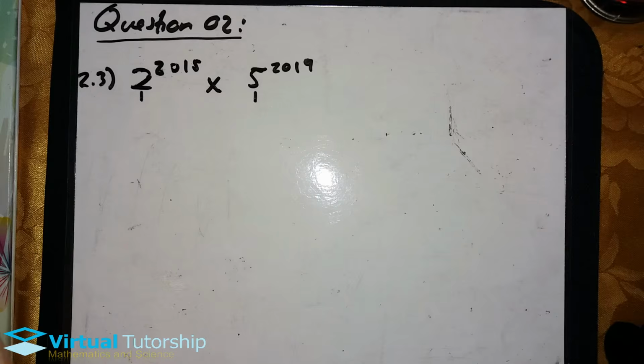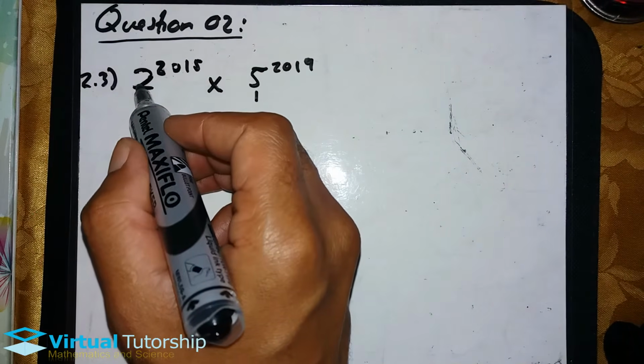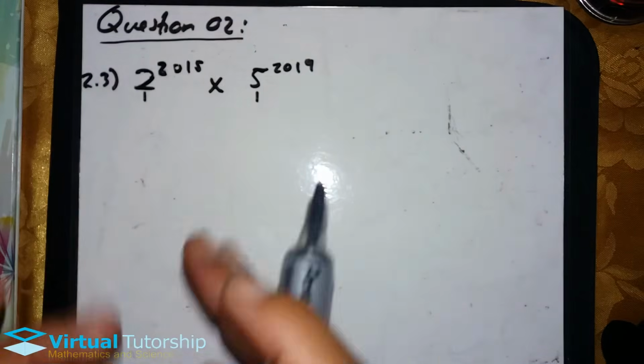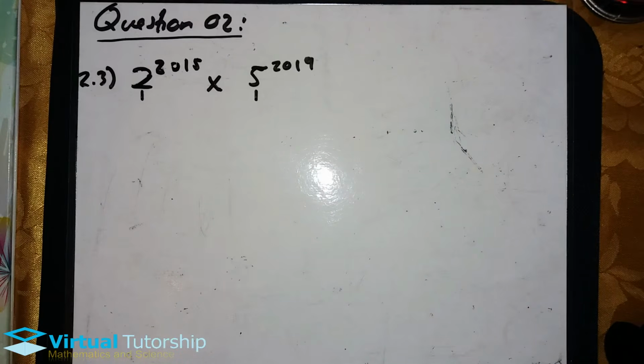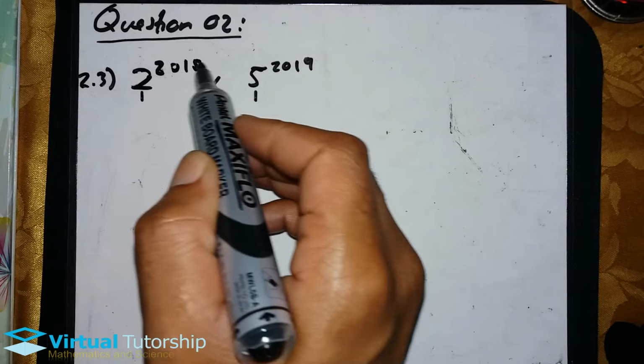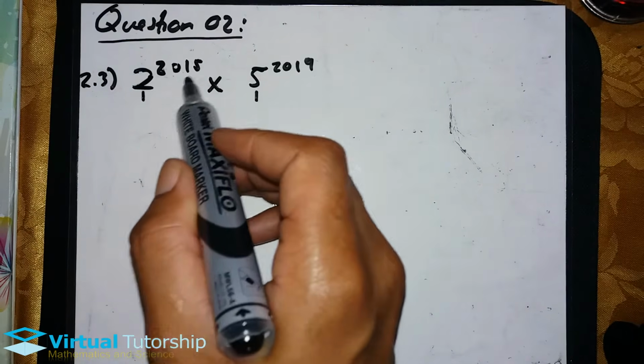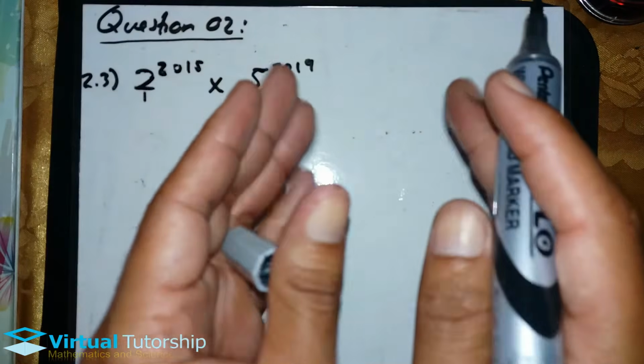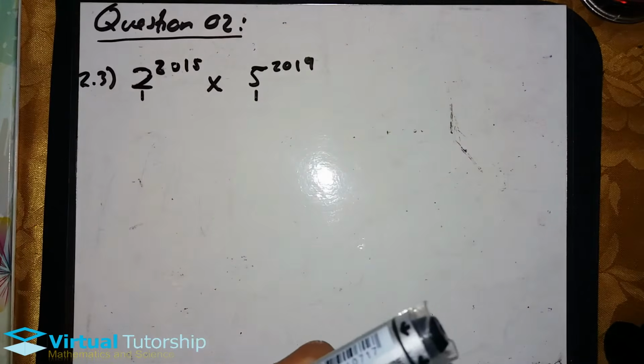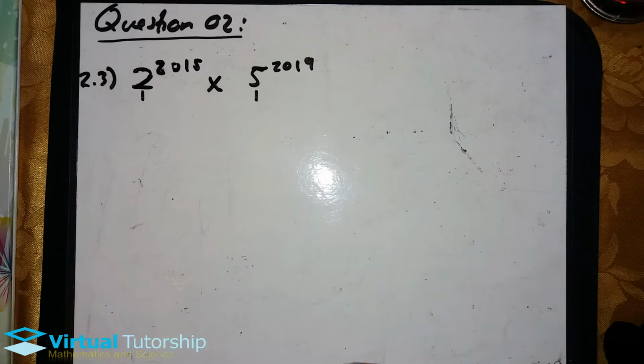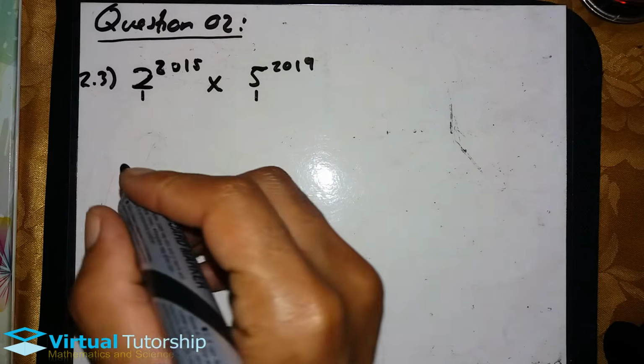And the only time we can perform that operation, multiplying 2 and 5 to get a base of 10, is if the exponents are the same, because we can take the exponents out as a common factor. So we use an exponential law.